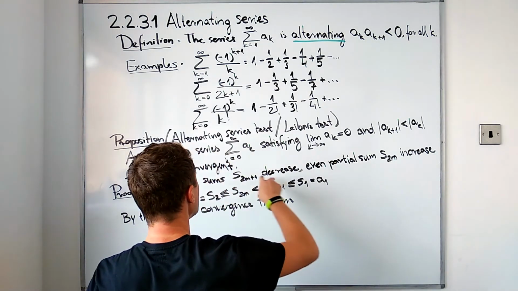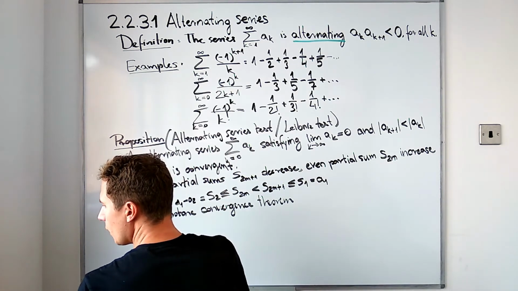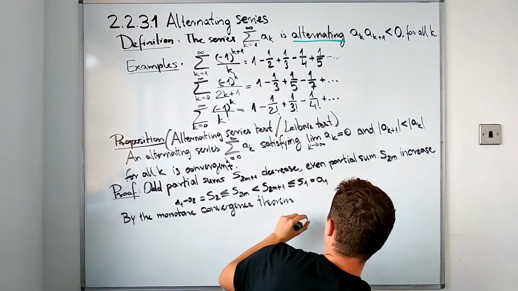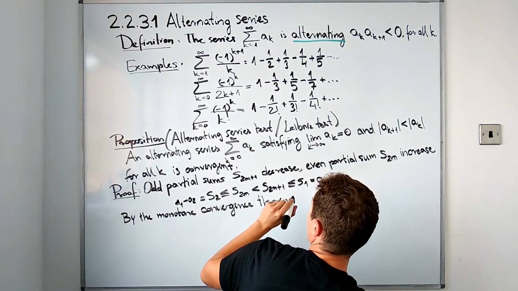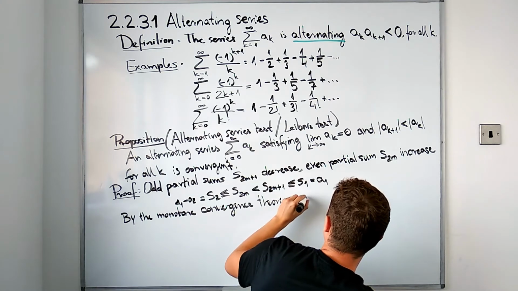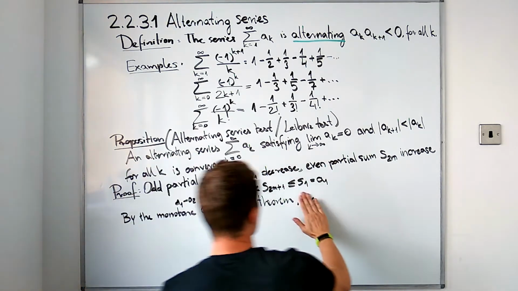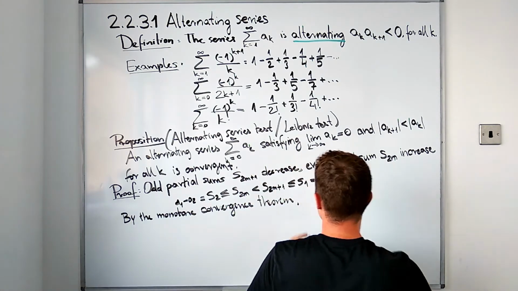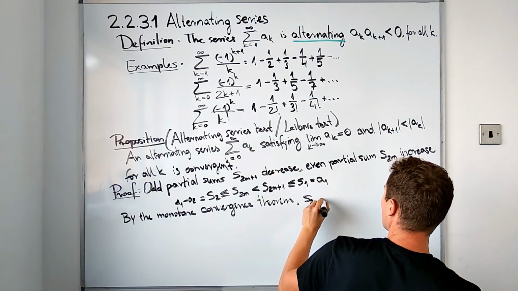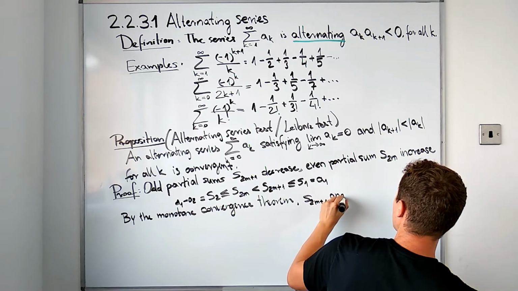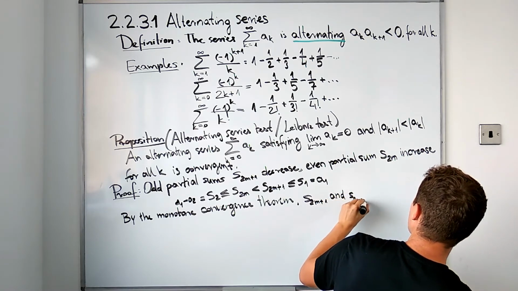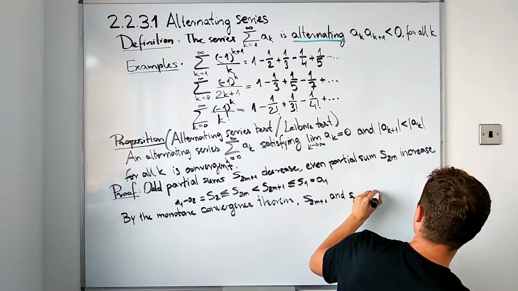these sequences of partial sums will be converging. The limits of S_{2m+1} and S_{2m} exist.